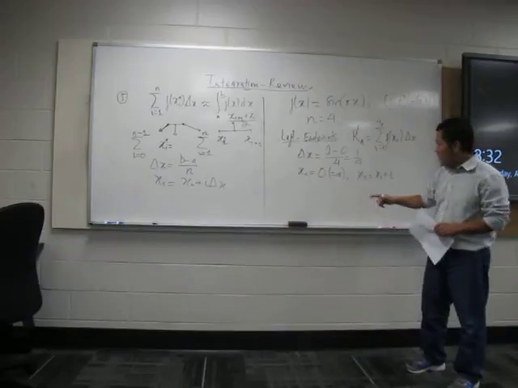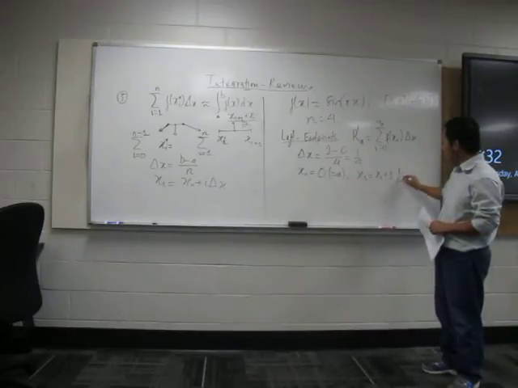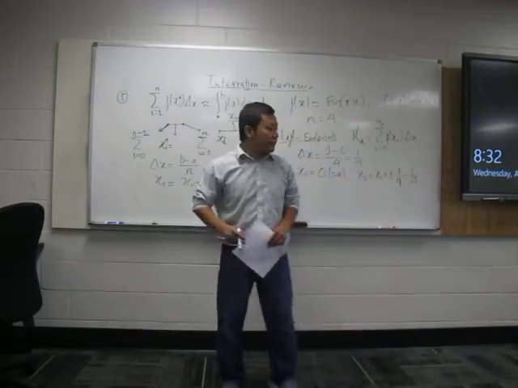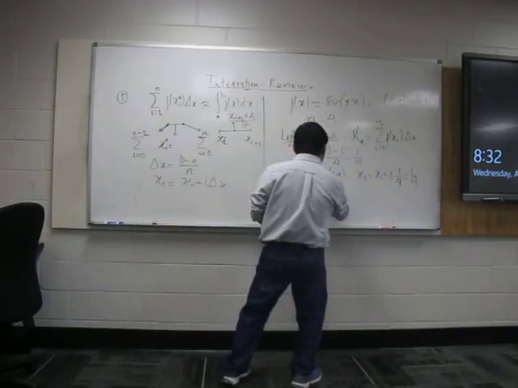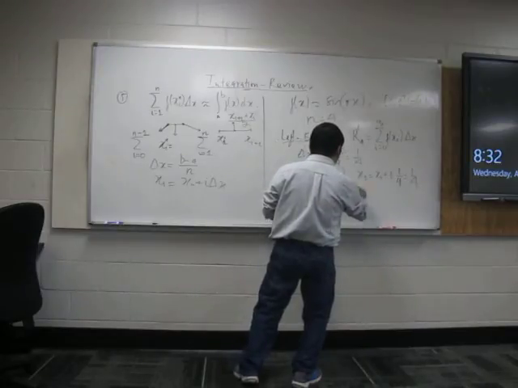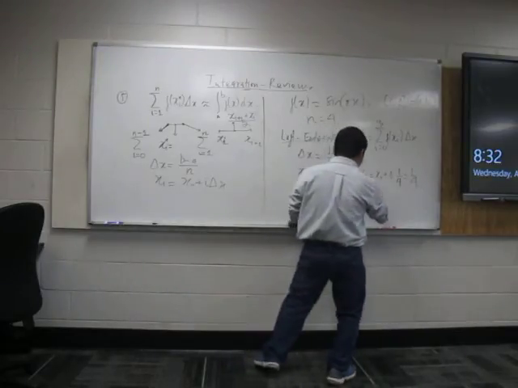So 1 times delta x is 1/4. X2 is equal to x0 plus 2 times 1/4, but x0 is 0, so that is 1/2.